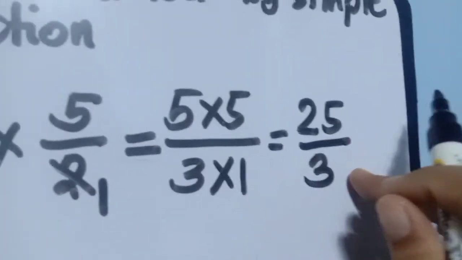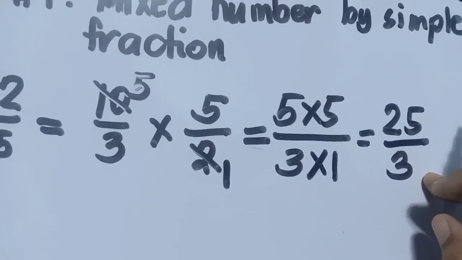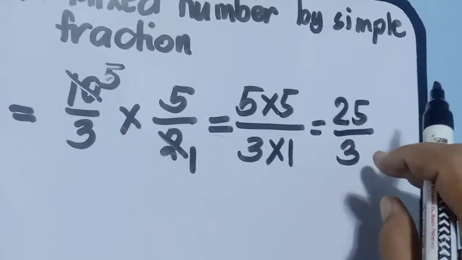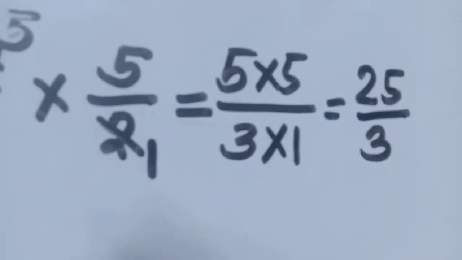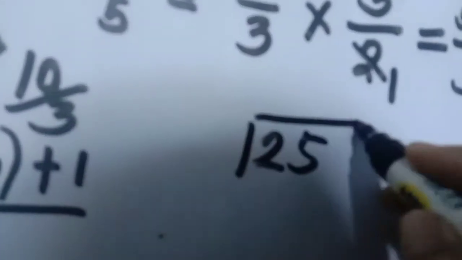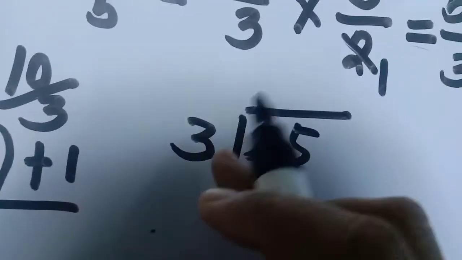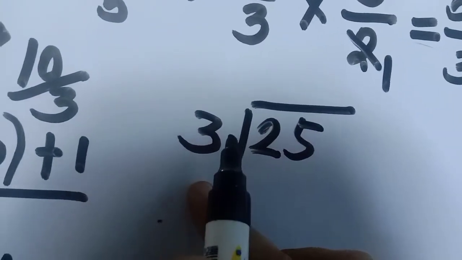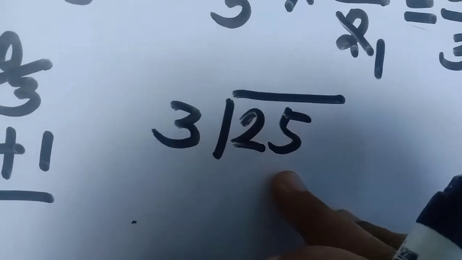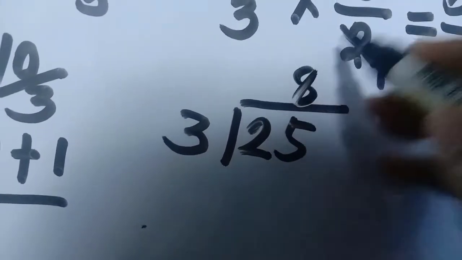Okay, so we need to simplify our answer. Okay, so let us divide 25 divided by 3. Okay, 2 divided by 3, hindi natin pwede. So let's take 2 digits. So how many 3's are there in 25? We have 8.